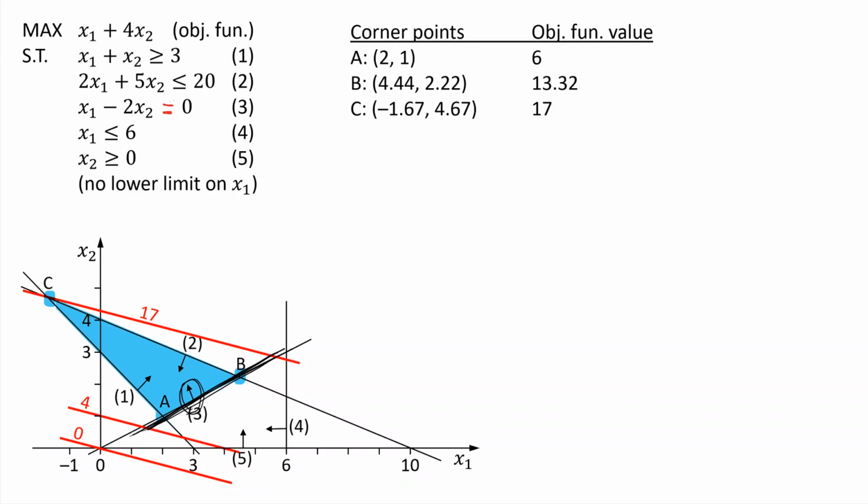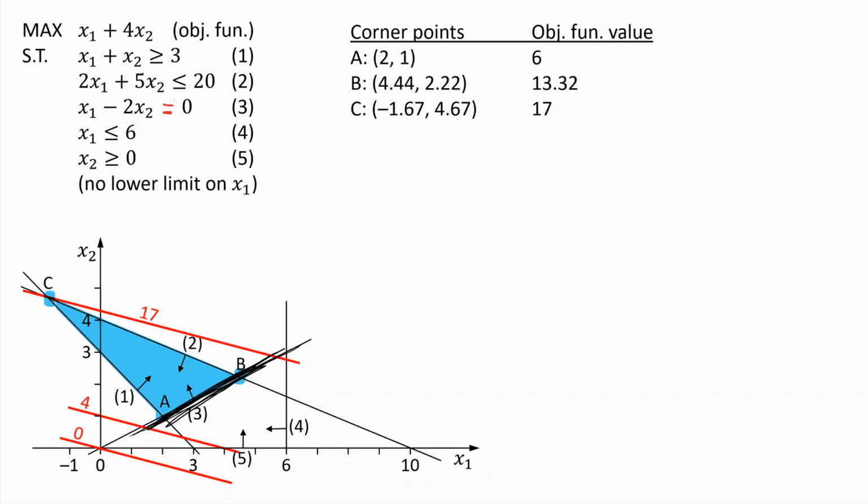Now we're not allowing less than 0, we're just saying instead of less than or equal to 0, we're saying exactly equal to 0. So now we need to consider points that are only on the line of constraint 3, on this line of constraint 3.